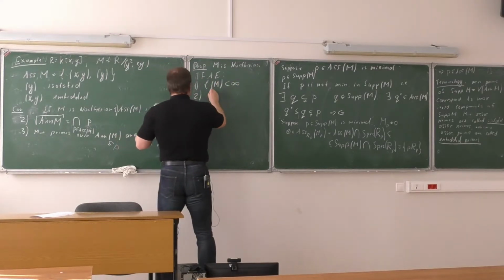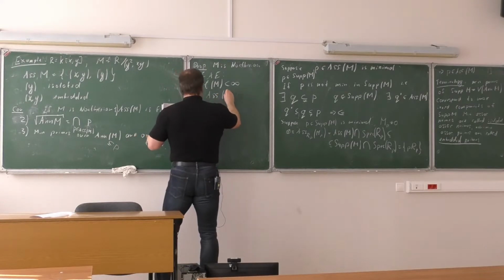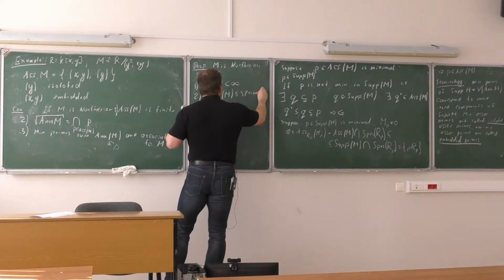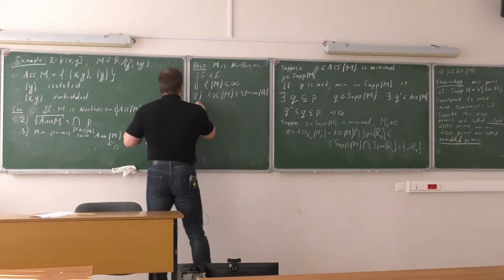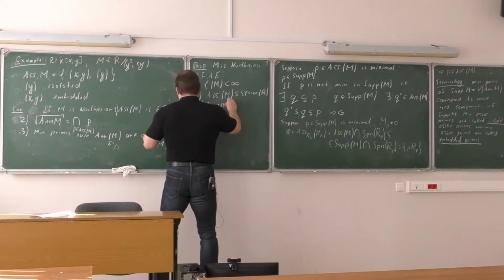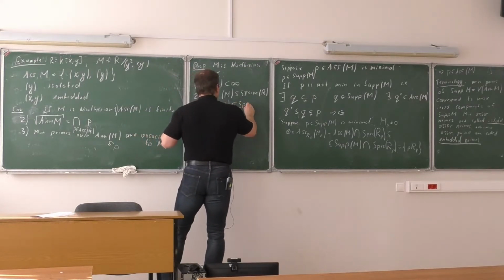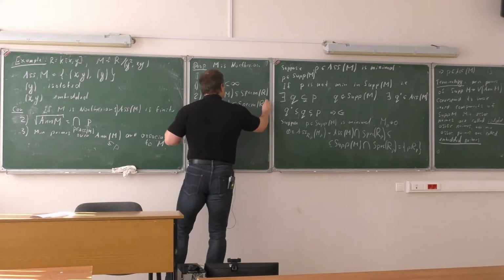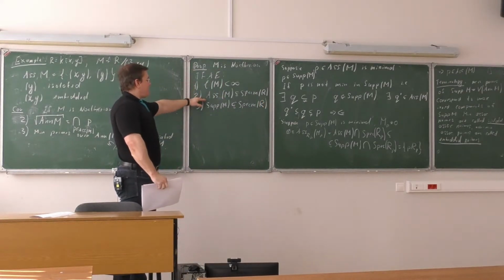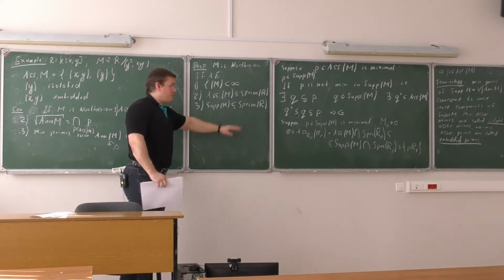Second, all associated primes are actually maximal in Spec R. And condition 3, the support of M is a subset of the maximal spectrum. So length is finite, associated primes are maximal, all ideals at which this M is supported are also maximal ideals.